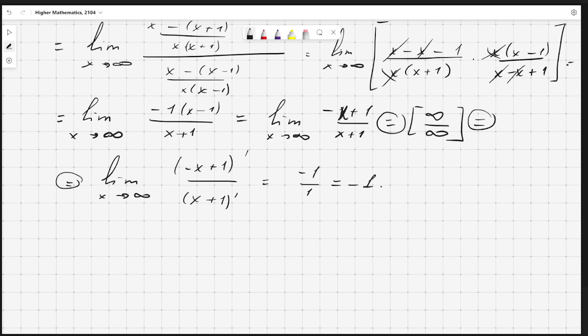Next, maybe 47. Limit as x approaches 0 of 1 over x to the power of tangent of x. We have 1 over 0 is infinity, tangent of 0 is 0.